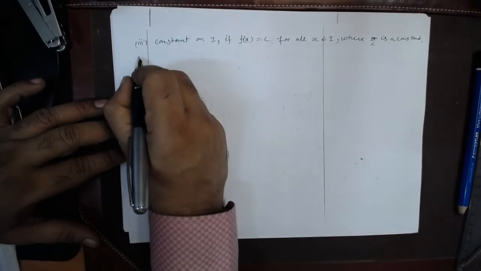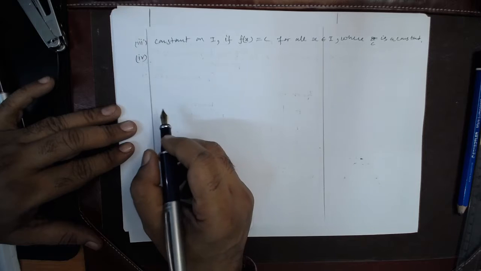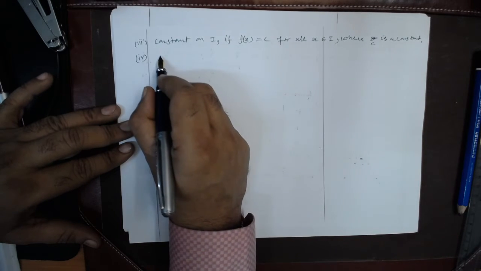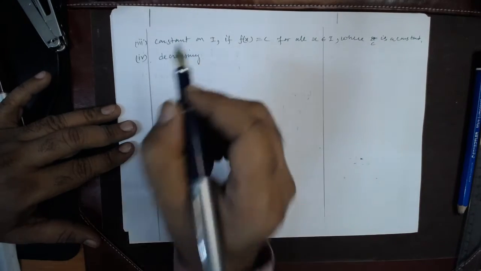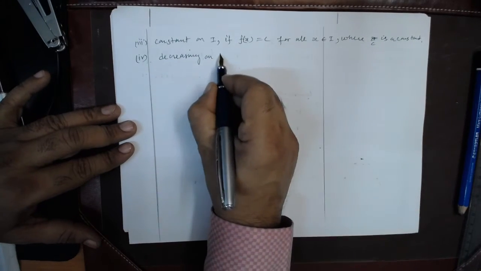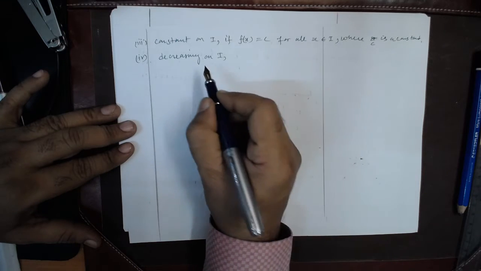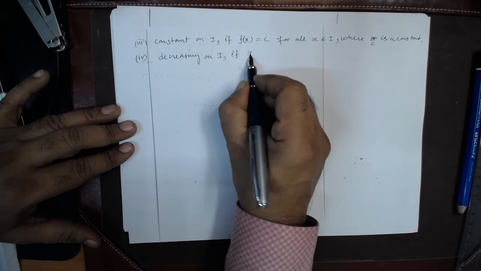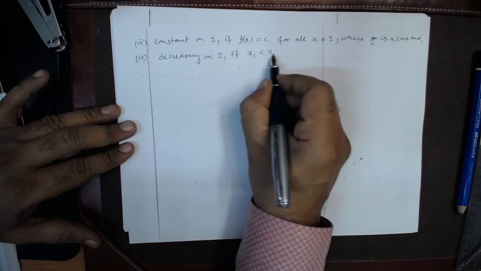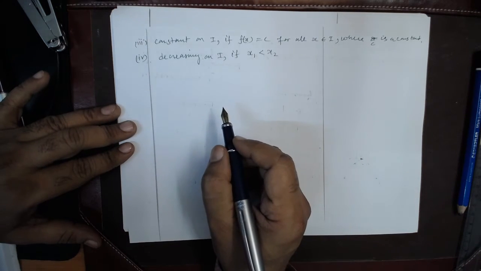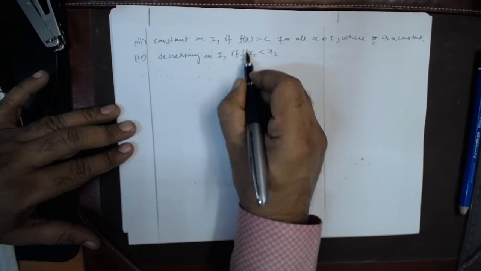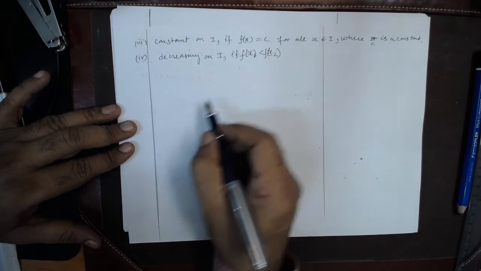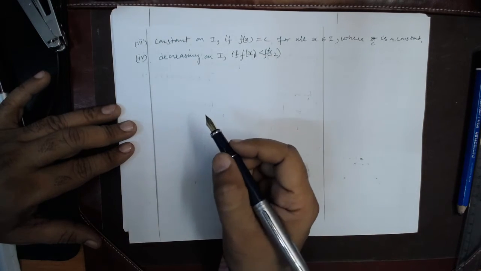And then the fourth, f of x, that is, the function is decreasing on the interval I if x1 is less than x2. That is, f of x1 is less than f of x2.